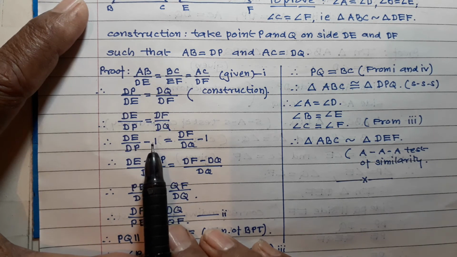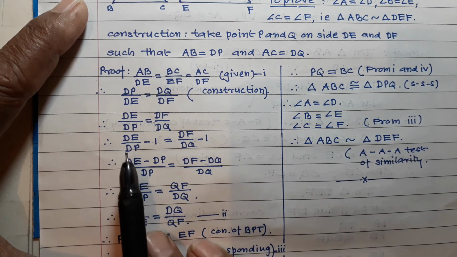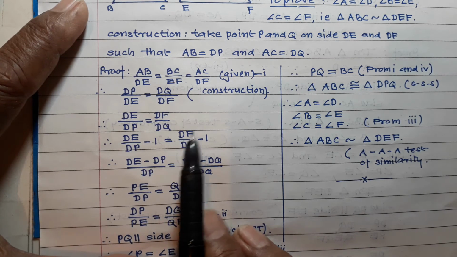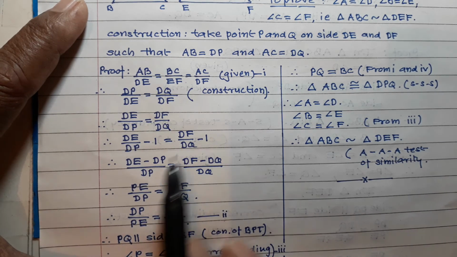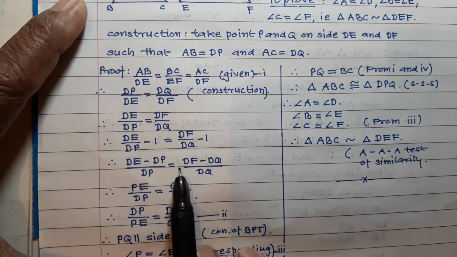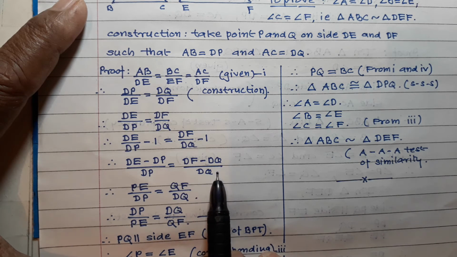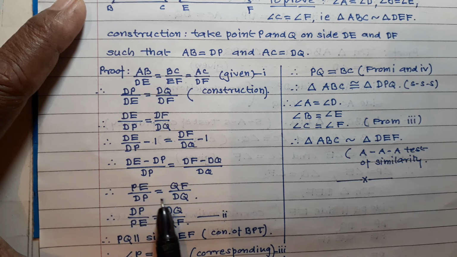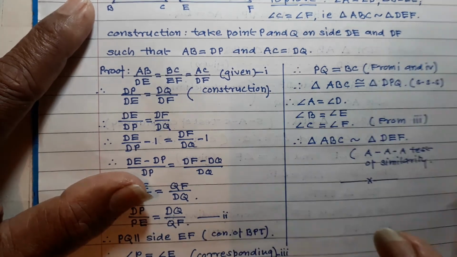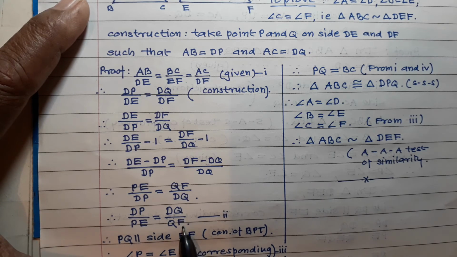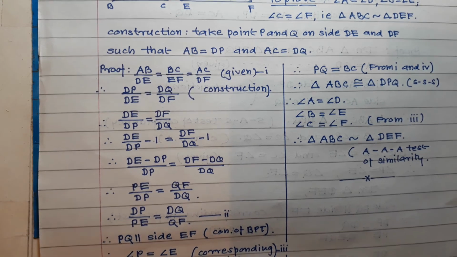Now here you subtract 1 from both sides, so DE upon DP minus 1 is equal to DF upon DQ minus 1. Simplify this: (DE minus DP) upon DP is equal to (DF minus DQ) upon DQ. This gives you PE upon DP is equal to QF upon DQ. Now again you reverse this, and therefore DP upon PE is equal to DQ upon QF, equation number 2.